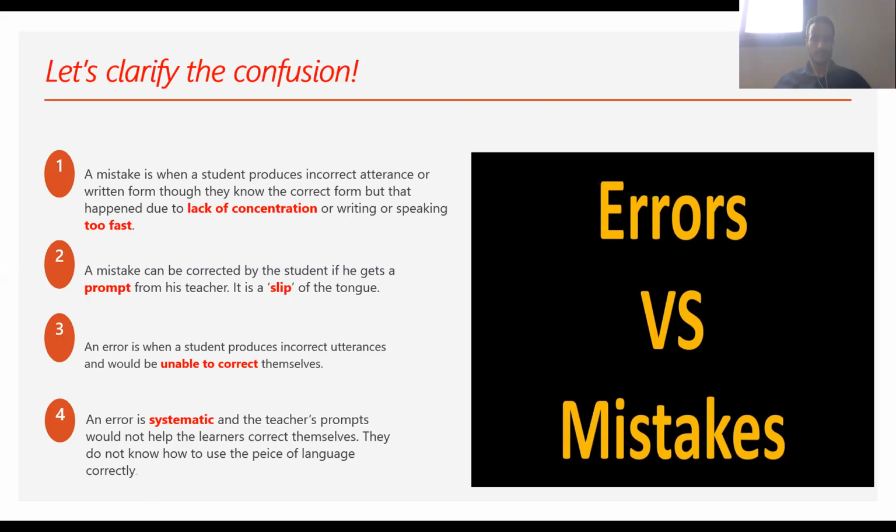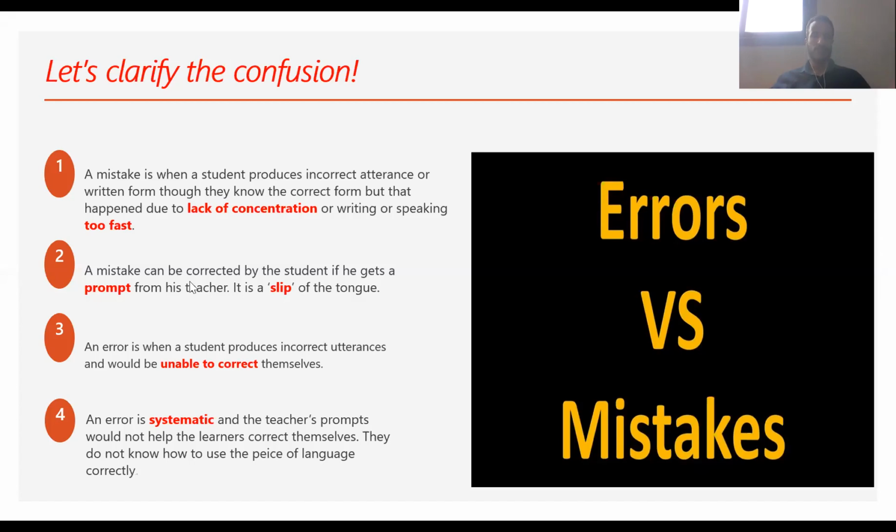A mistake can be corrected by the student if he gets a prompt from his teacher. It is a slip of the tongue. Good. There is another meaning of mistake. It's a kind of synonym, which is a slip of the tongue. If the teacher helps you, you find the answer. You correct yourself.